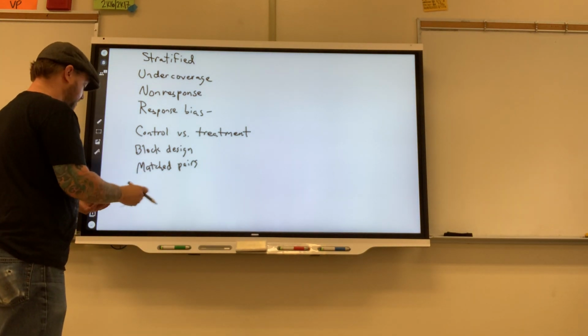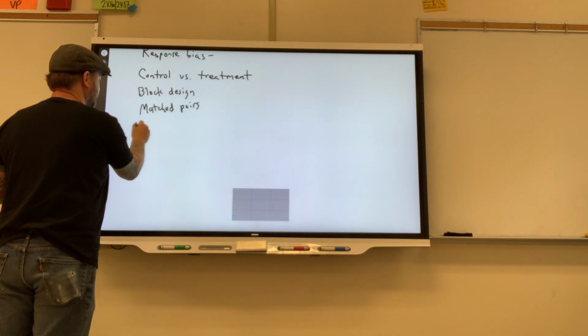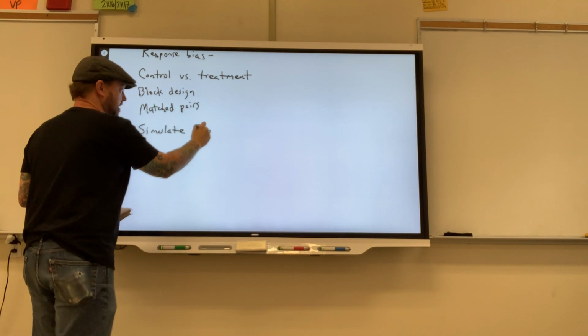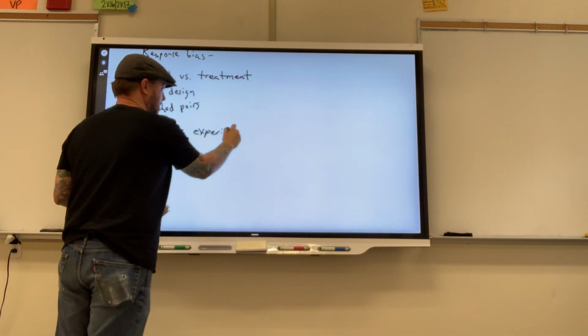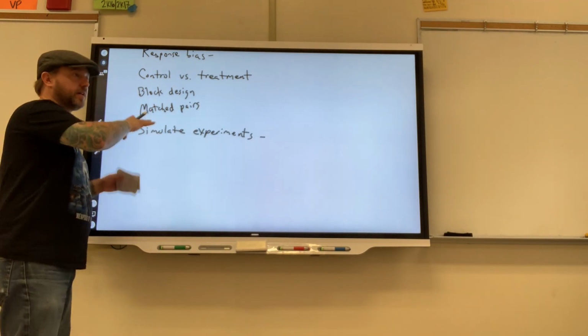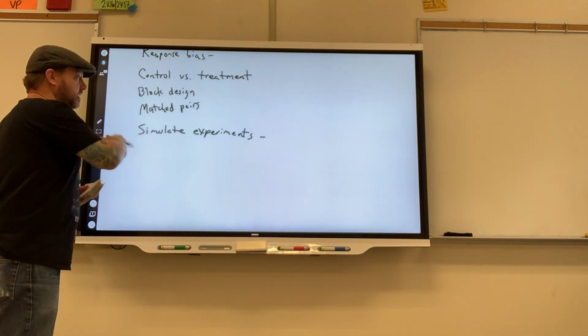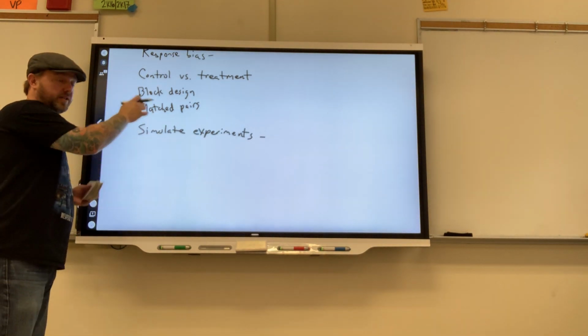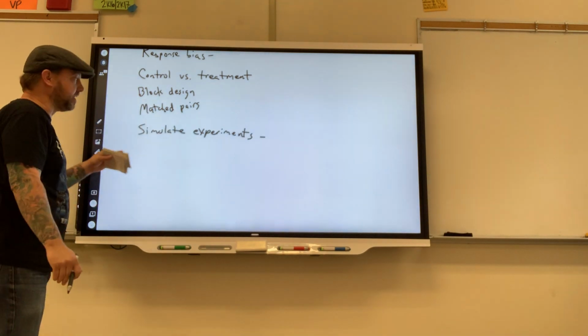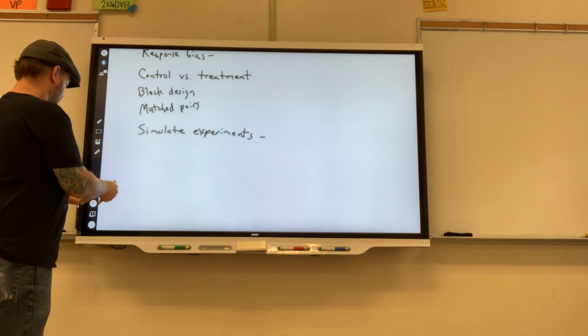We learned how to simulate experiments. Using a random number chart, we can assign, let's say, this number for this, this number for this, and simulate it.